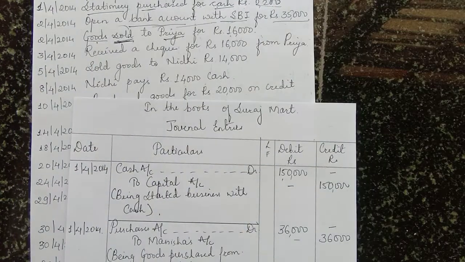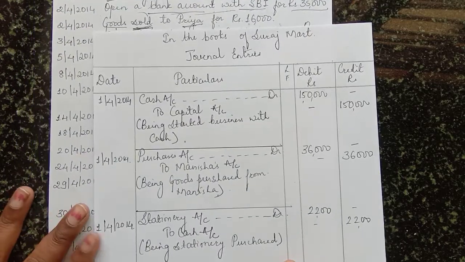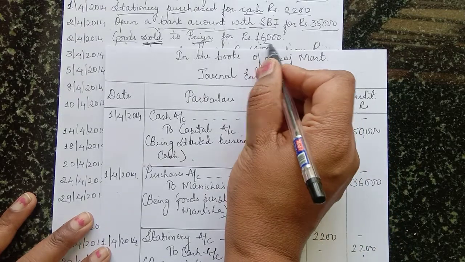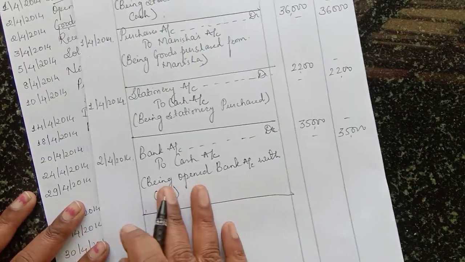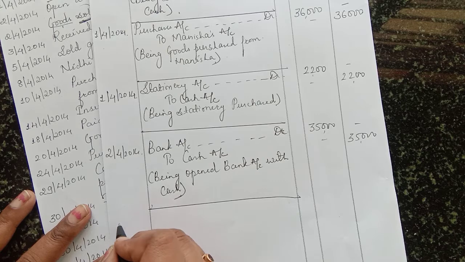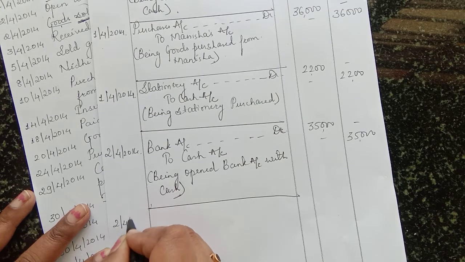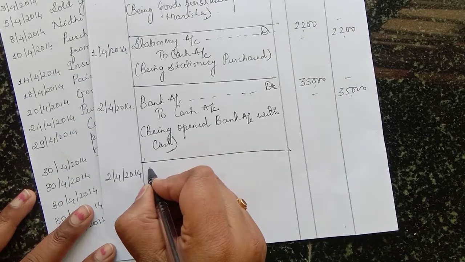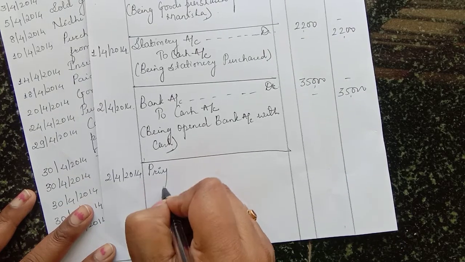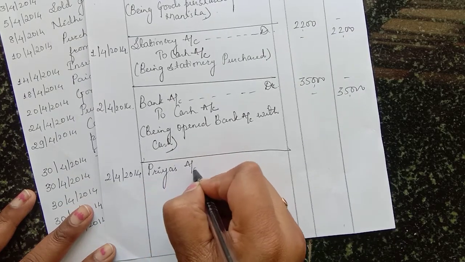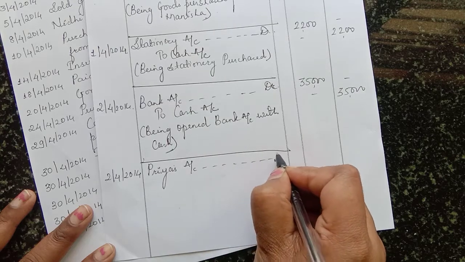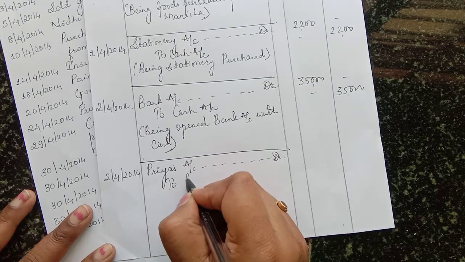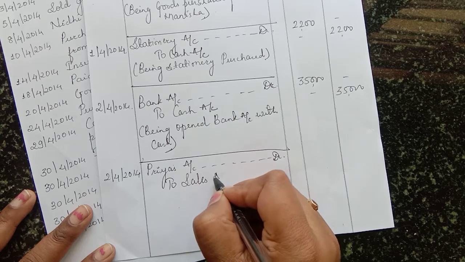So, I'll write here the amount is 16,000. I'll write the journal entry. Date is 2 again. Priya's account debit to sales account.